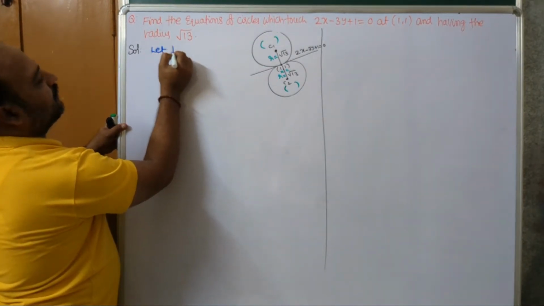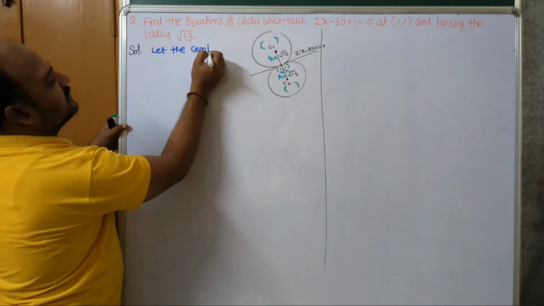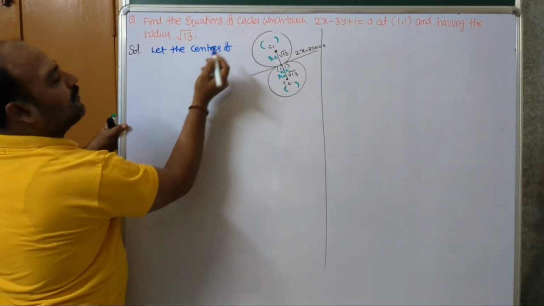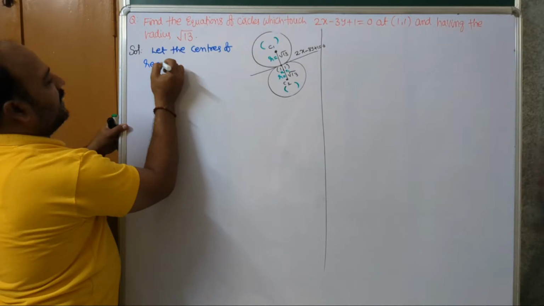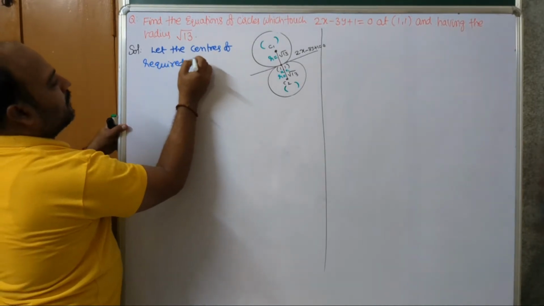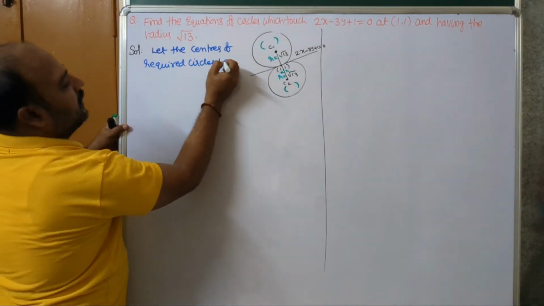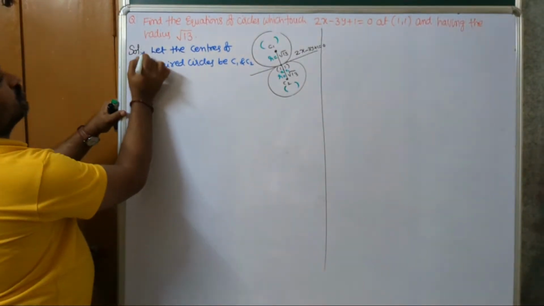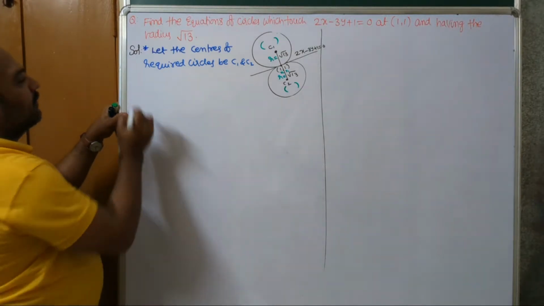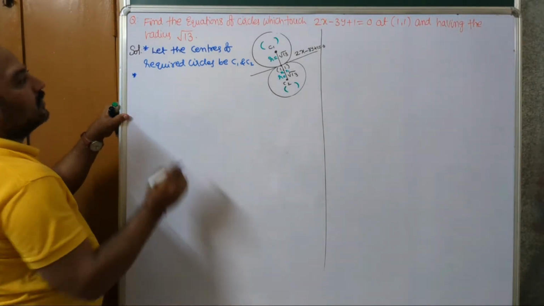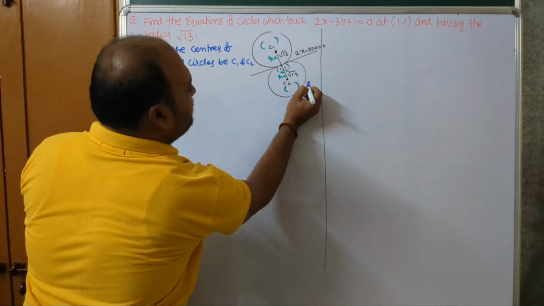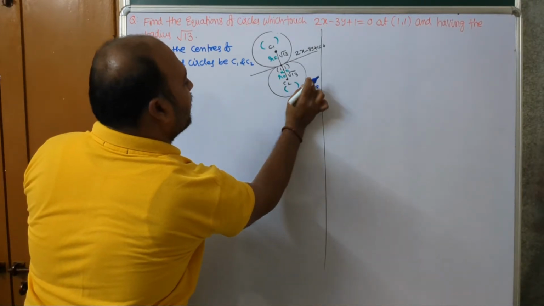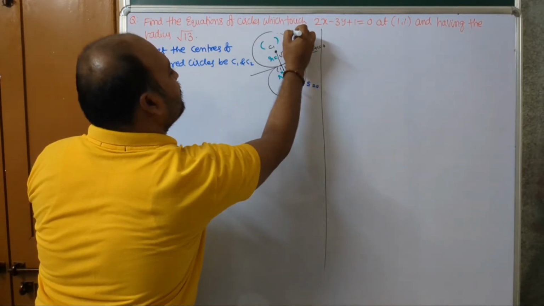Let the centers of the required circles be C1 and C2. One is S equal to 0, and another one is S dash equal to 0.